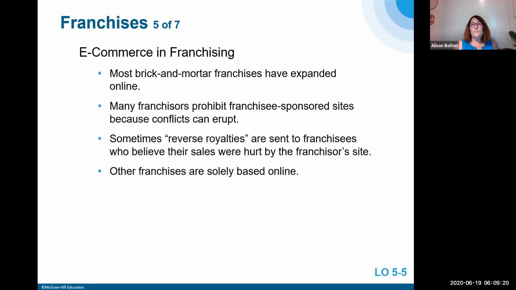Then there's this building of a bridge between e-commerce and franchising. And we saw this happen just recently, especially with the retail stores having to close their doors. Businesses have expanded unbelievably to the online avenue of selling their services, their products, or whatever it is, their goods, as a result of the change with the pandemic.